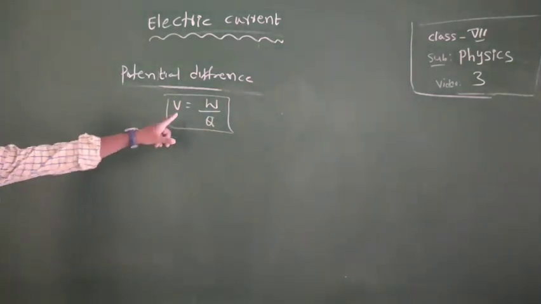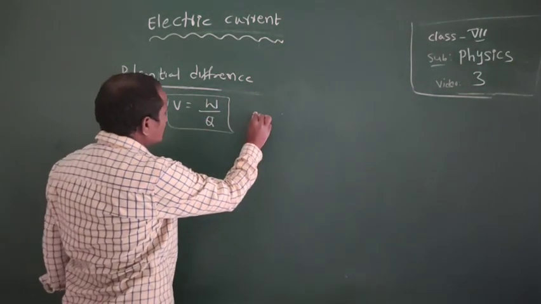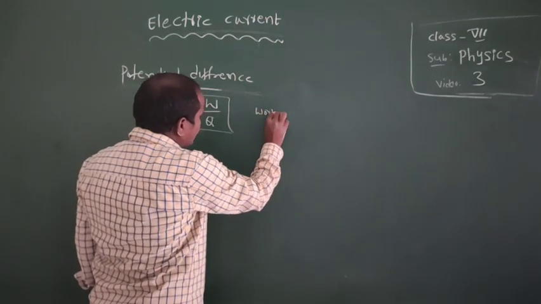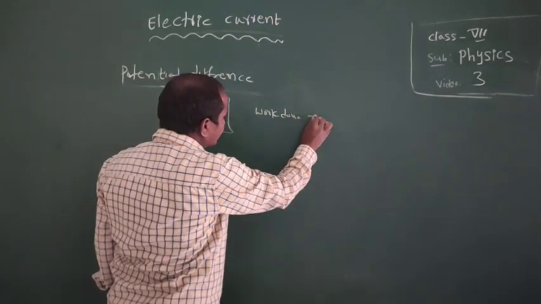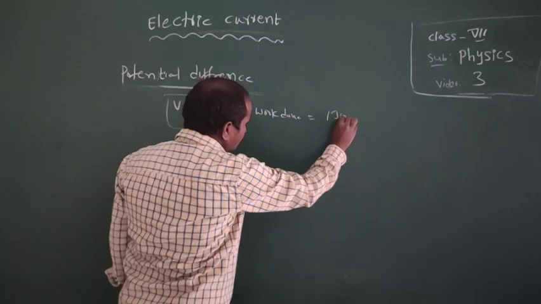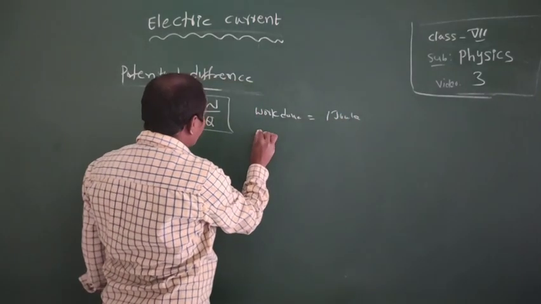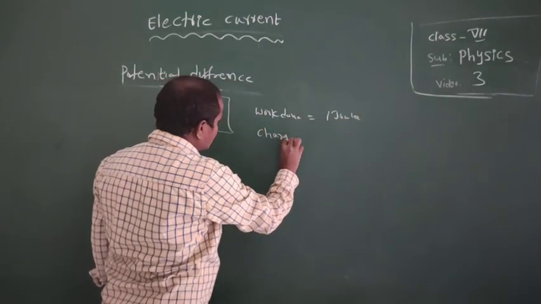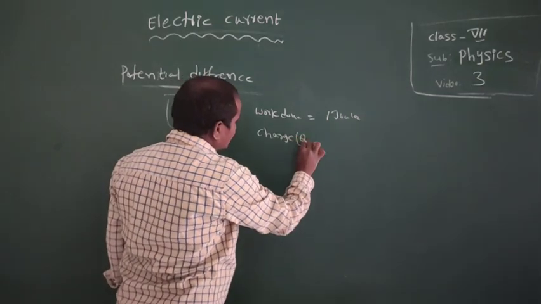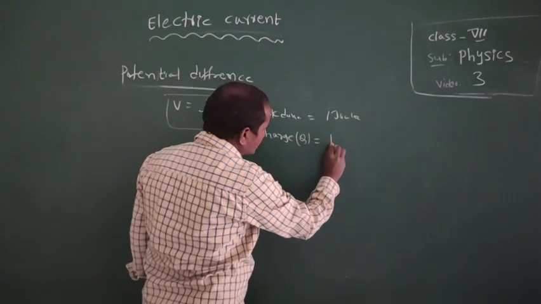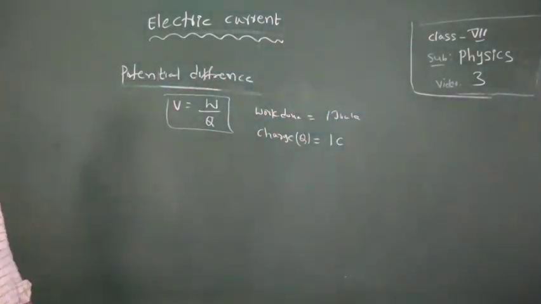Work done is measured in joules, and the charge Q is measured in coulombs, that equal to 1 C. Then potential difference equal to 1 joule by 1 coulomb.